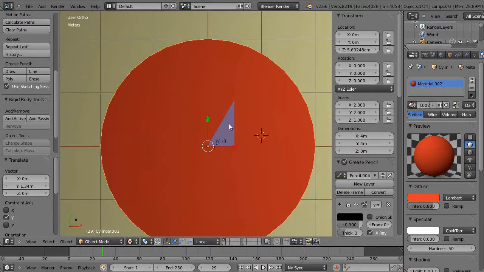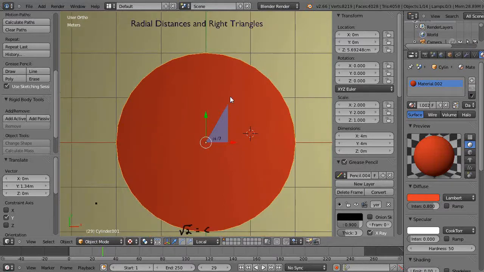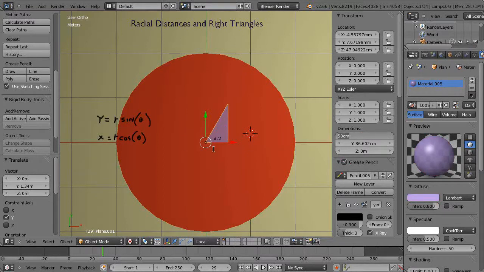And now here's my right triangle down here, but now I want to make my right triangle extend up to this point on the circle. The way you do that is, in this case we're using pi over 3 for the angle. So for the cosine, or the x value, it's not just the cosine of that angle, but you want to precede it by multiplying it times the radial distance.